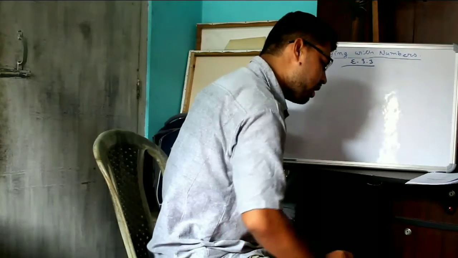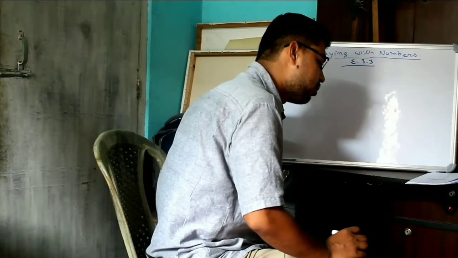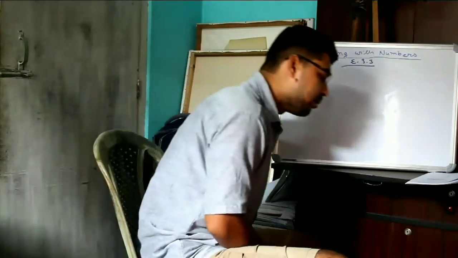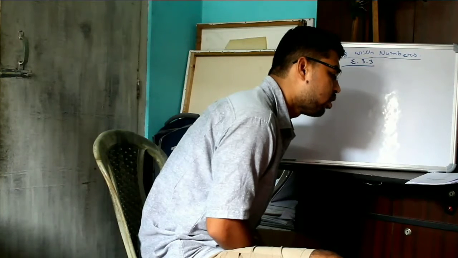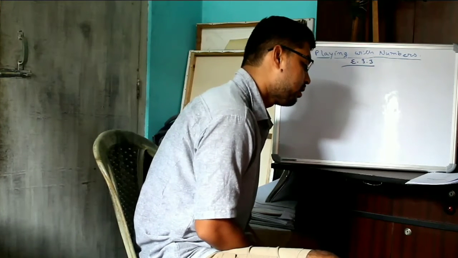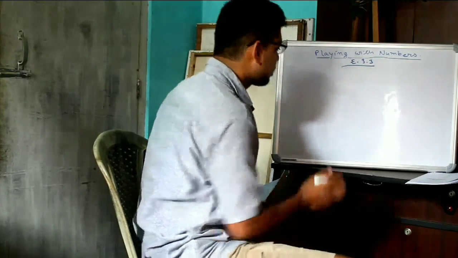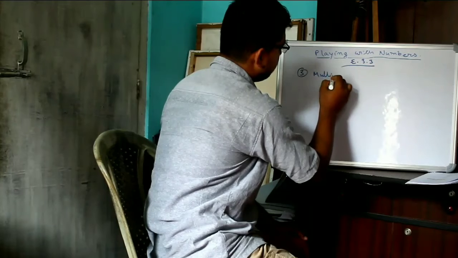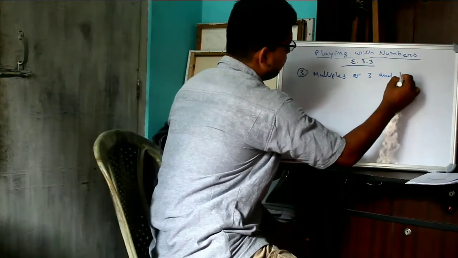Next, write the first three common multiples of 3, 5 and 6. Number 2 is homework. Number 3: write all the numbers less than 100 which are common multiples of 3 and 4. You just find the multiples of 3 and 4.